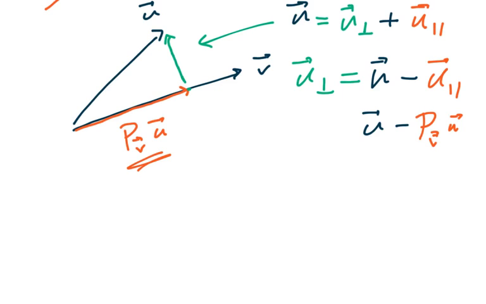And we know exactly what the projection onto V of u is. We know exactly what the formula is. This is u dot v over v dot v, if you like, in the direction of v. All right, so we know exactly how to do this. And then u minus that is equal to u perp.